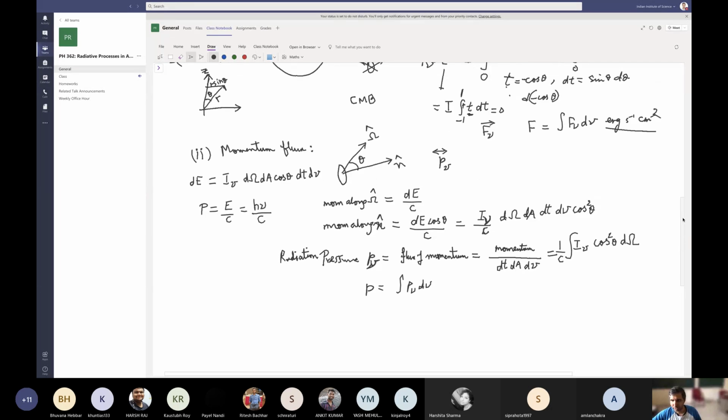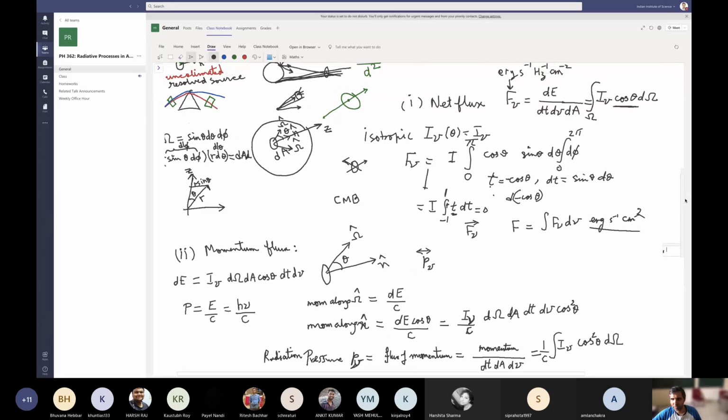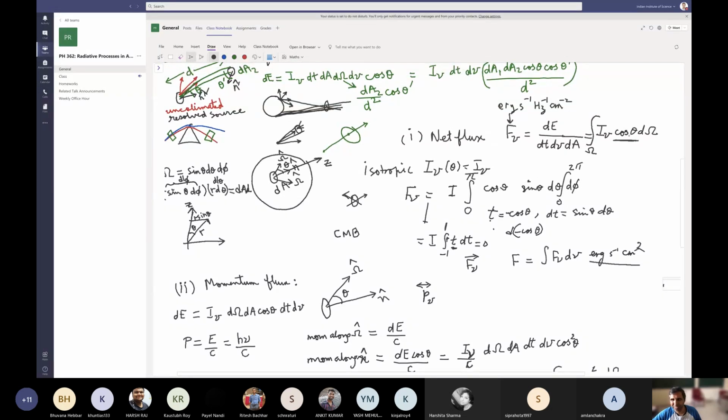Let's go up. So this F nu, this cos theta, right? If you don't consider this area, F nu, if you write it as a vector, is nothing but integral I nu n hat d omega over all solid angles, right?